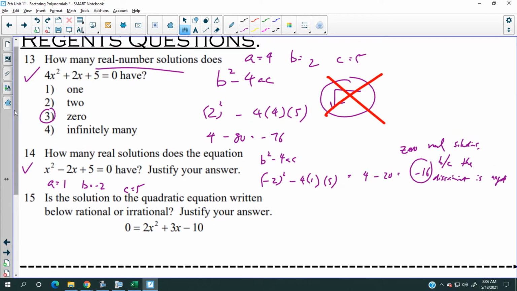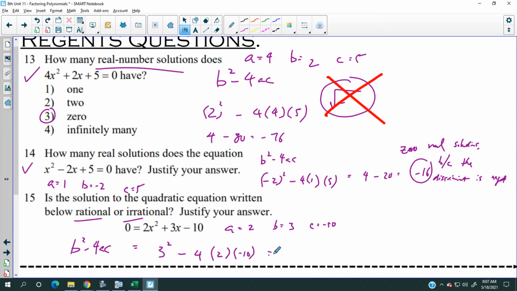Lastly, is the solution written rational or irrational? Let's answer this first. A is 2, B is 3, C is negative 10, right? So B squared minus 4AC, so that's 3 squared minus 4 times 2 times negative 10.